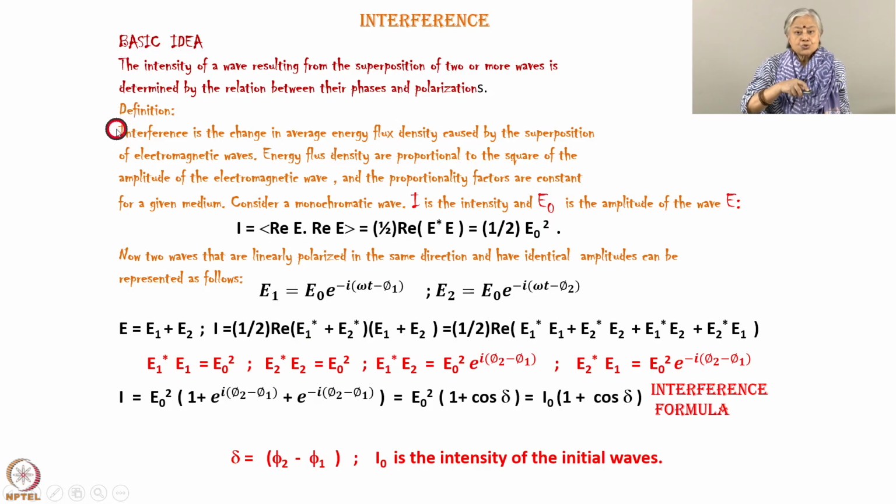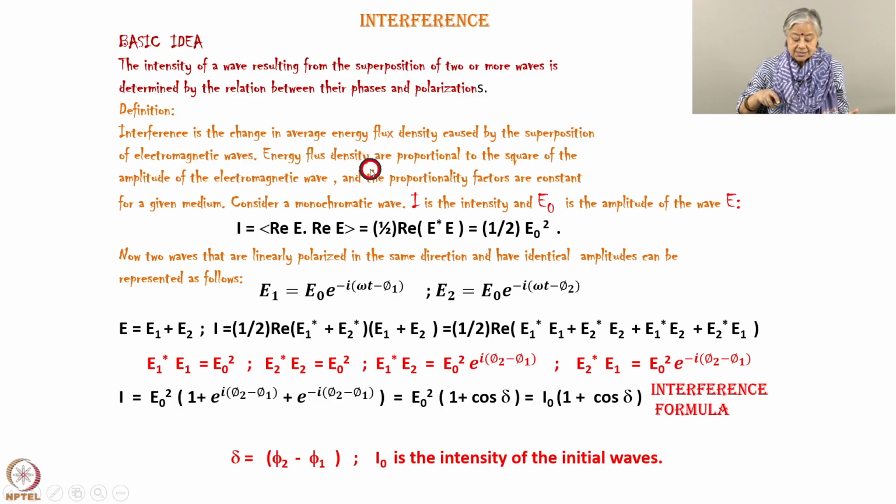All of you of course know what interference means, what interference fringes are, but let me go through the formal definition. Interference is the change in average energy flux density caused by the superposition of electromagnetic waves.